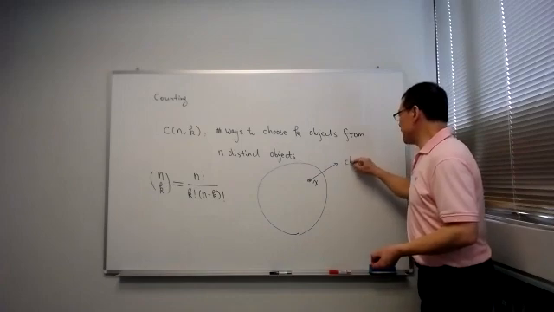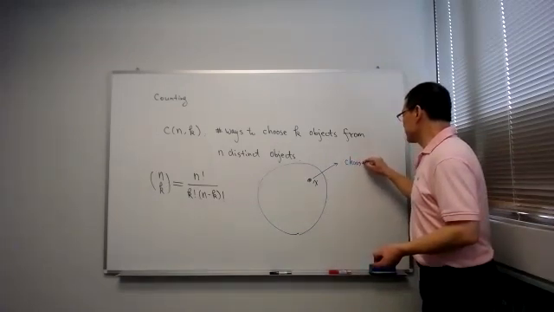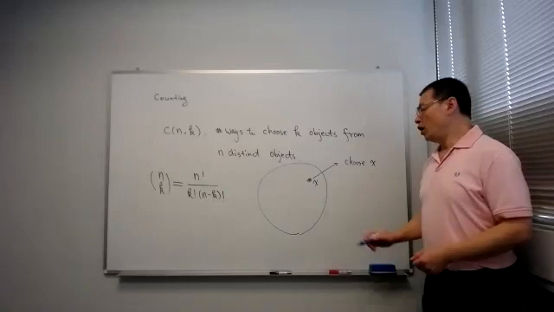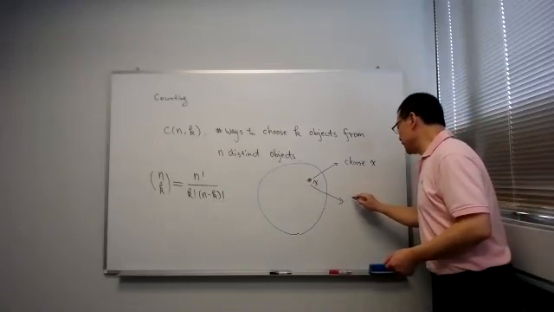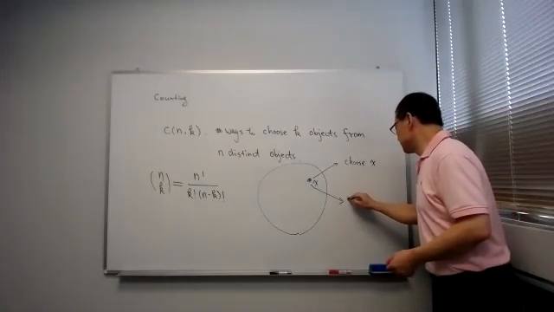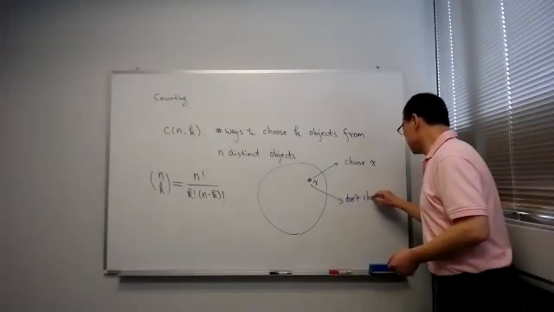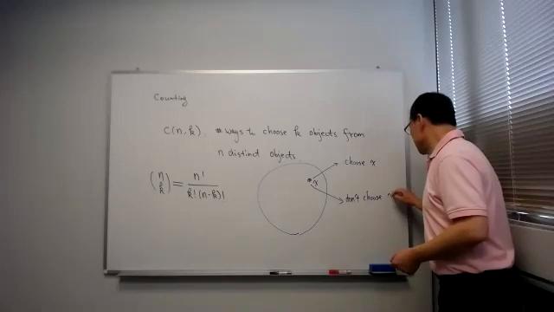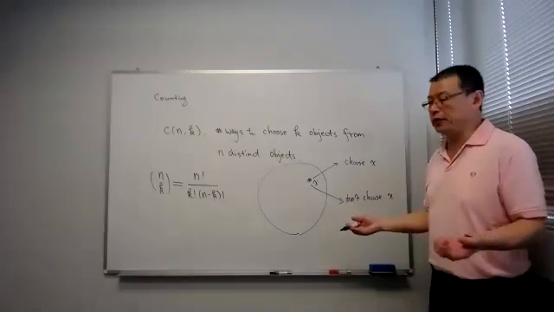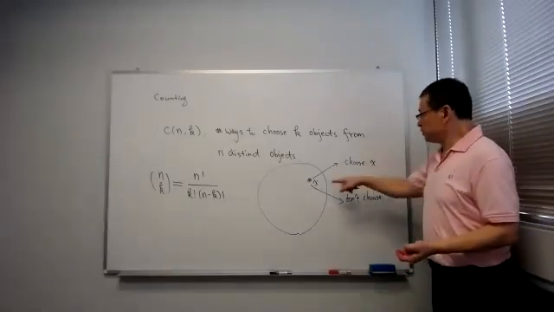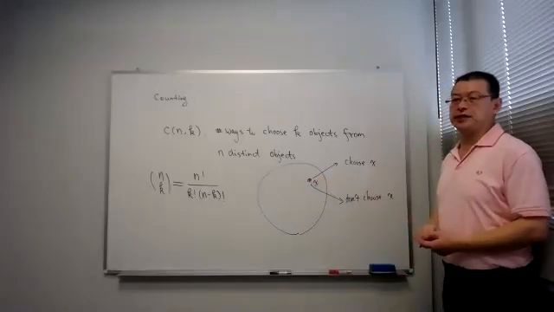Either we choose x, or we don't choose x. Only two different ways when we choose k objects. Either choose this particular x or do not choose it.